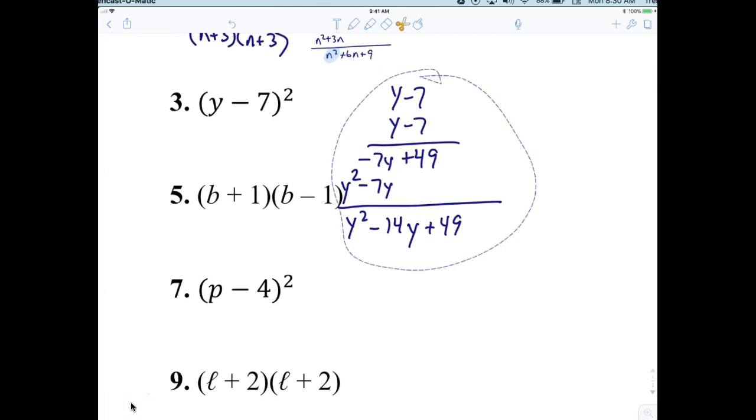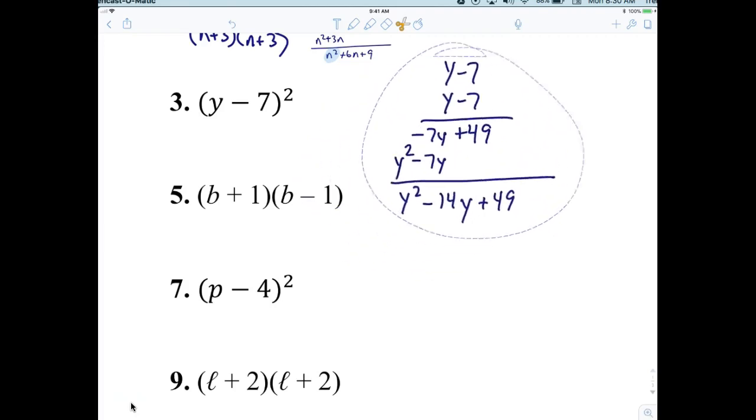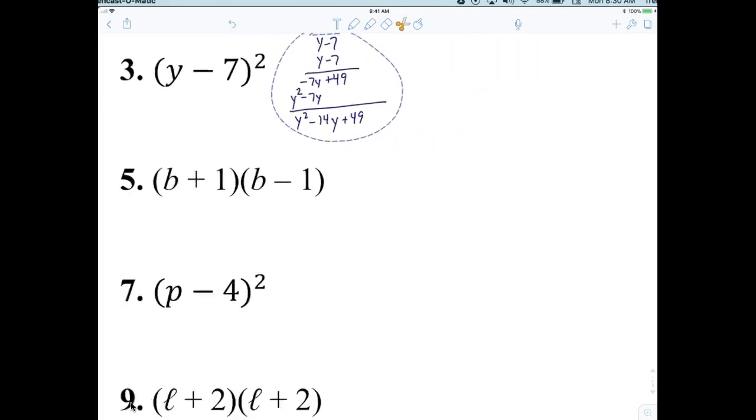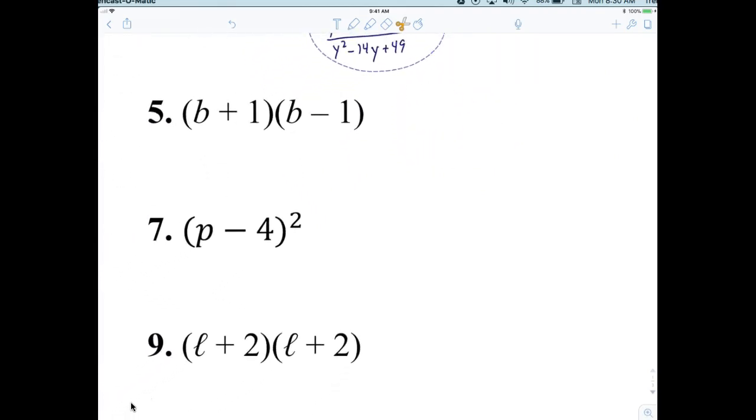Now, number 5 is a little different, for one reason, because what happens to the middle term? It cancels out. Thank you very much. So if you were to write this, b plus 1 times b minus 1.